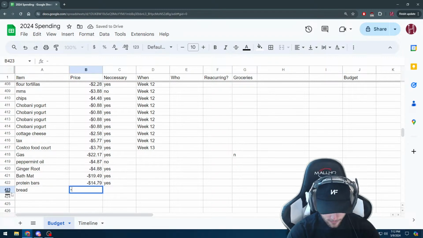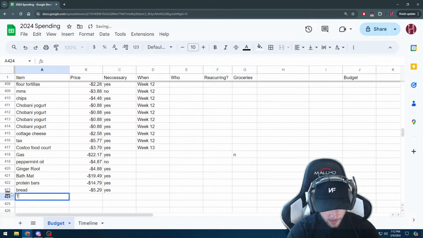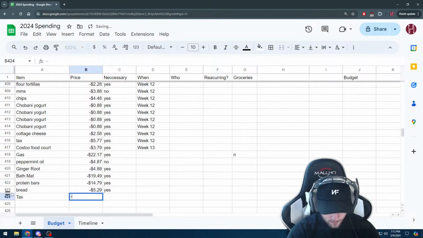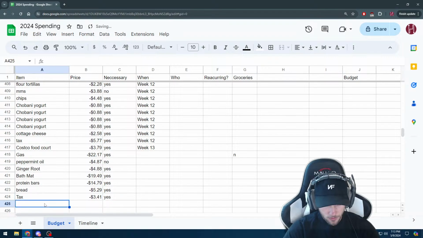Multi-grain bread at 5.29. And our tax buddy. 3.41. Ooh, baby. Love paying tax. But what are you gonna do?